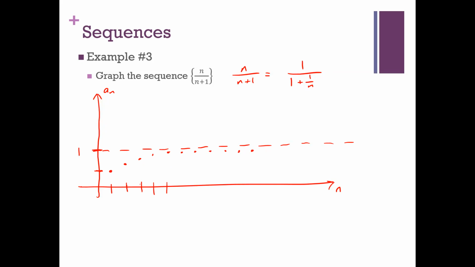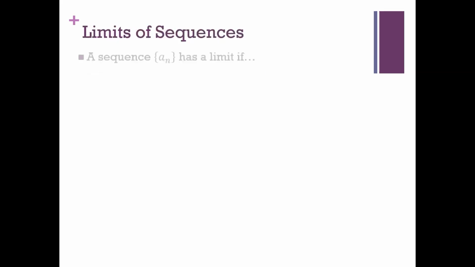But as I look at those dots going further and further right, they should get closer and closer to one, which is getting harder and harder for me to represent. But yes, they'll get closer and closer without ever really achieving it. So we just talked about a limit.